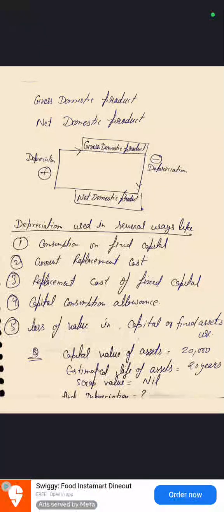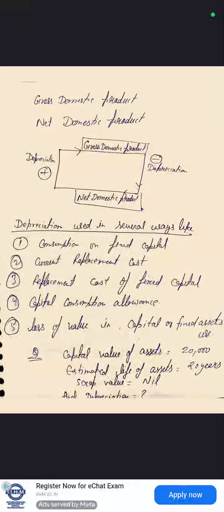Gross and net domestic product relate like G is equal to N plus D: gross is equal to net plus depreciation, or gross minus depreciation is equal to net domestic product.